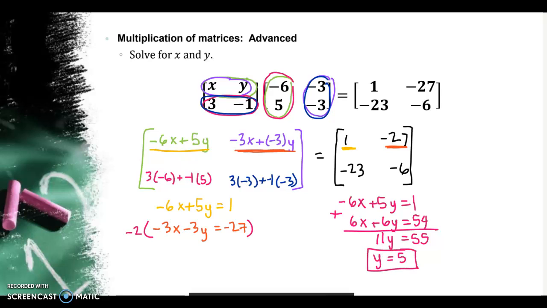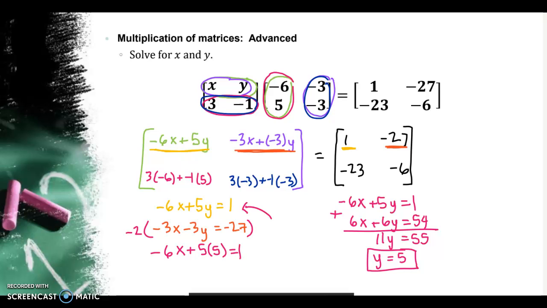Once I get my y value, I can then plug my y value into one of these equations. Doesn't matter which one. Let's go ahead and plug it into the first one. So negative 6 times x plus 5 times y, which is now 5, must equal 1.